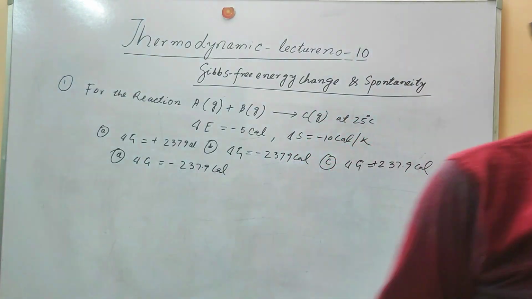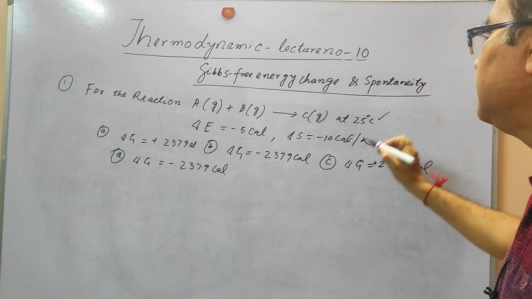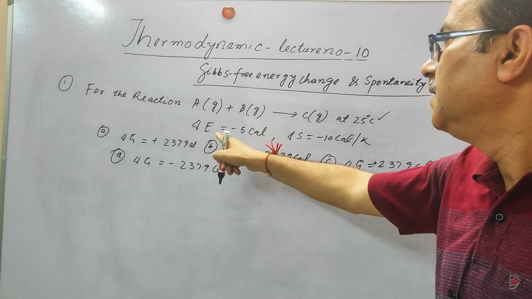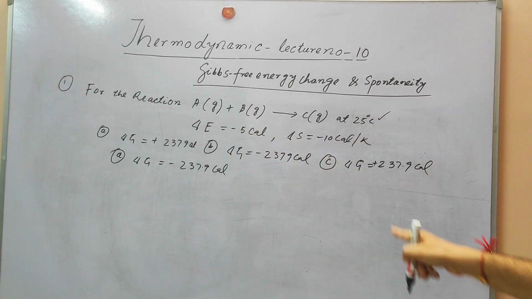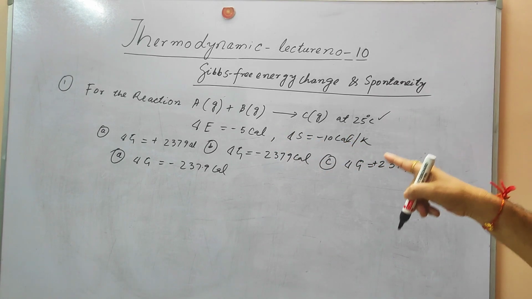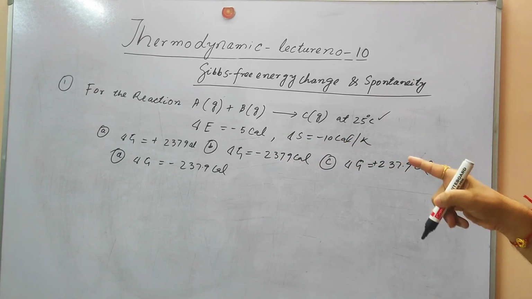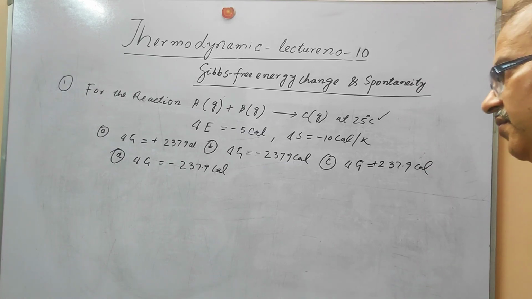Okay. For this reaction, a gaseous reaction, the internal energy change is given by this, and the entropy change is given by this. You have to calculate the delta G, the Gibbs free energy change. How do you calculate?